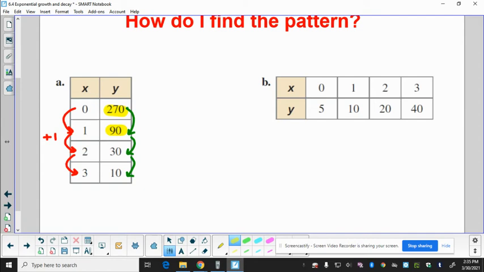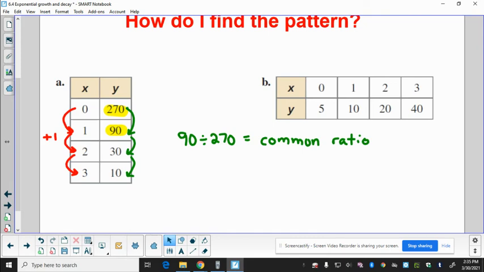I can, but I wonder if you can. What you should do is take those numbers and divide them in reverse order. So try this: 90 divided by 270. And that will give you what's called the common ratio.